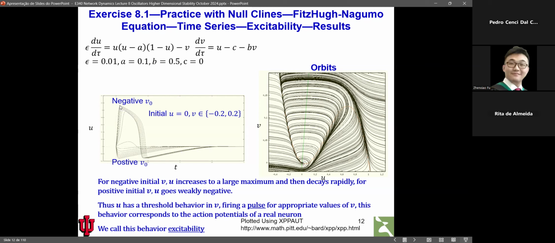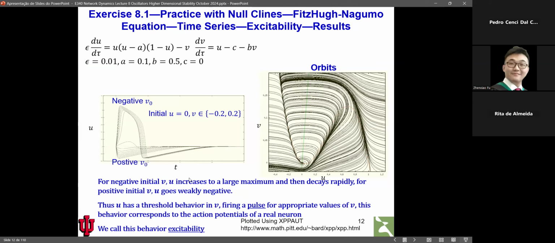There is a spike of positive U and then a negative U, which would represent the potential difference that you see across the membrane of a neuron. It's interesting, but you have to have a stimulus to make it go that way. You have to put some different values of V naught to make it go there.